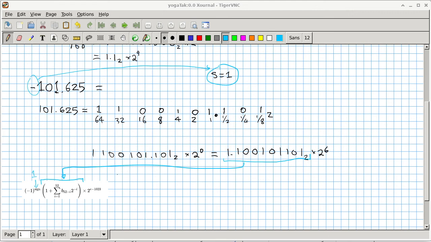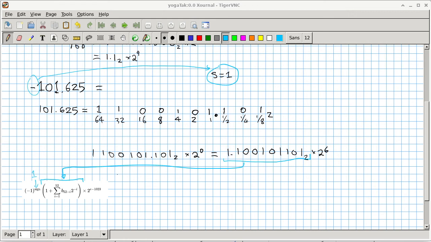But in base 2, we do not have those choices because the mantissa in base 2 can only range from 1.00000 all the way up to 1.111111. So that means every single mantissa is going to start with 1 point. So why do you want to waste 1 bit to represent something that is constant? The answer is nope, we're not going to do that.